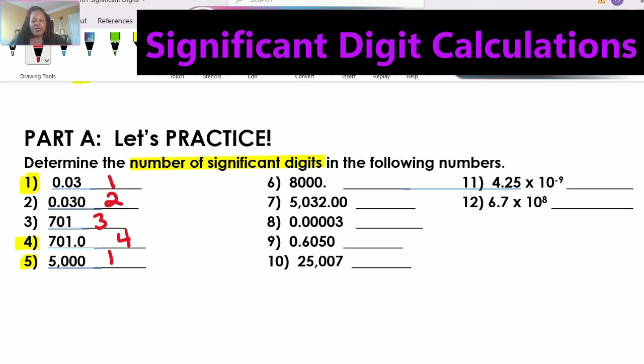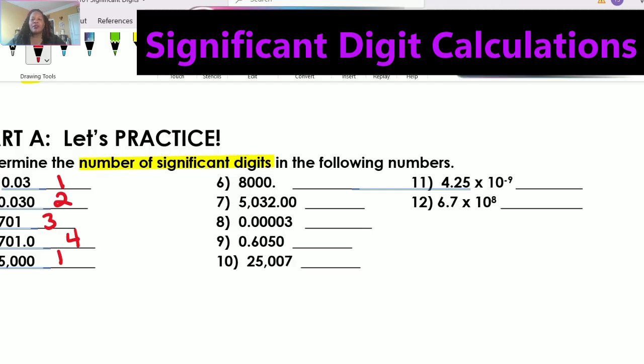Number 6, 8,000 with the decimal. Okay, you guys are on it. Yep, the answer is 4. And why? Because in 8,000 there's a decimal present. That means I'm going to bring all those zeros to value. So you guys are on it with that one.